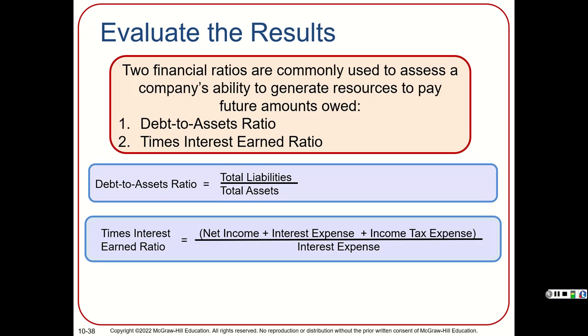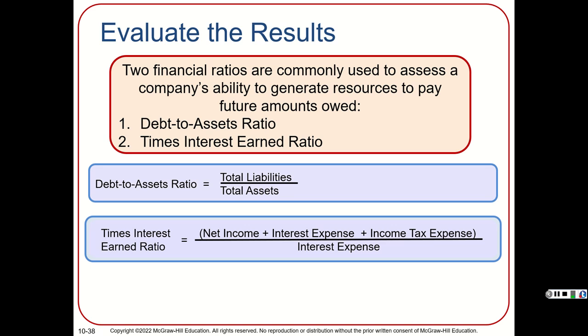In the times interest earned ratio, the numerator contains net income plus interest expense plus income tax expense. We divide the numerator by the interest expense. The times interest earned tells us whether sufficient resources are generated to cover these other costs. The higher the number, the better the interest coverage.